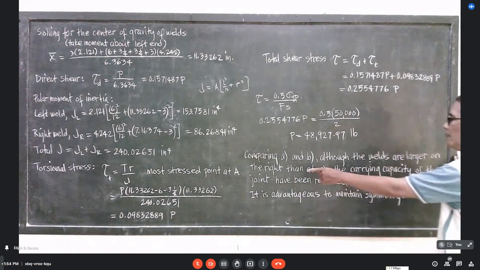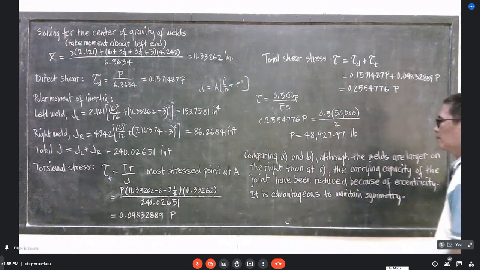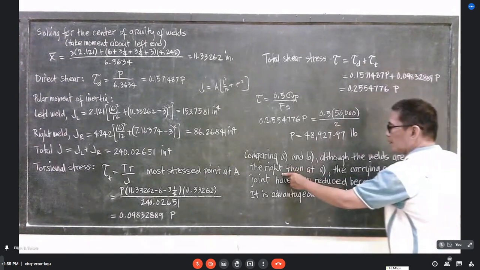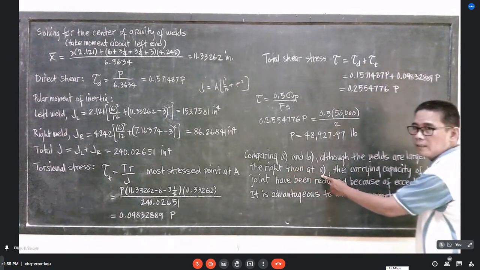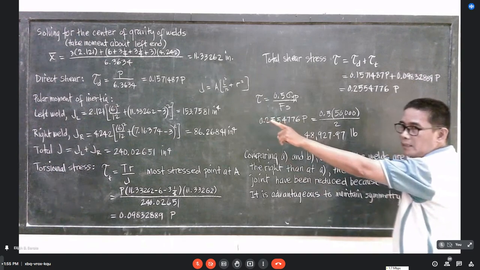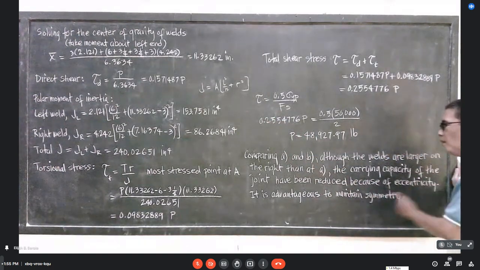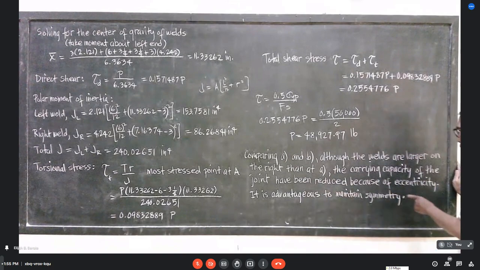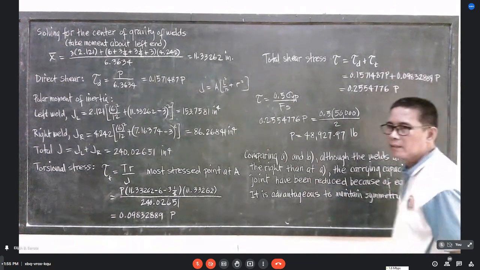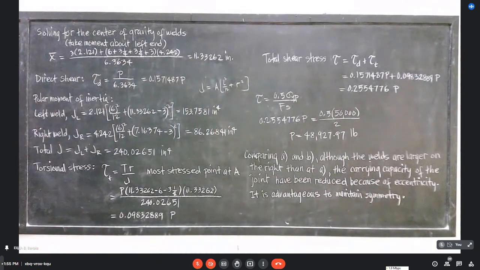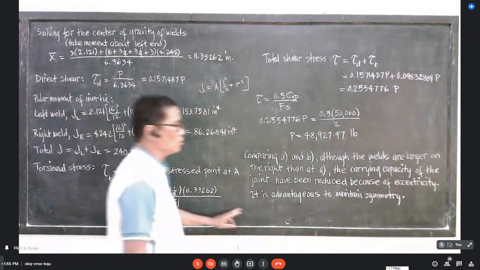So comparing between A and B, although the welds are larger on the right than at case A, the carrying capacity of the joint has been reduced because of eccentricity. Again, that is the problem with eccentricity. The distribution of the load is not even. So, it is advantageous to maintain symmetry.